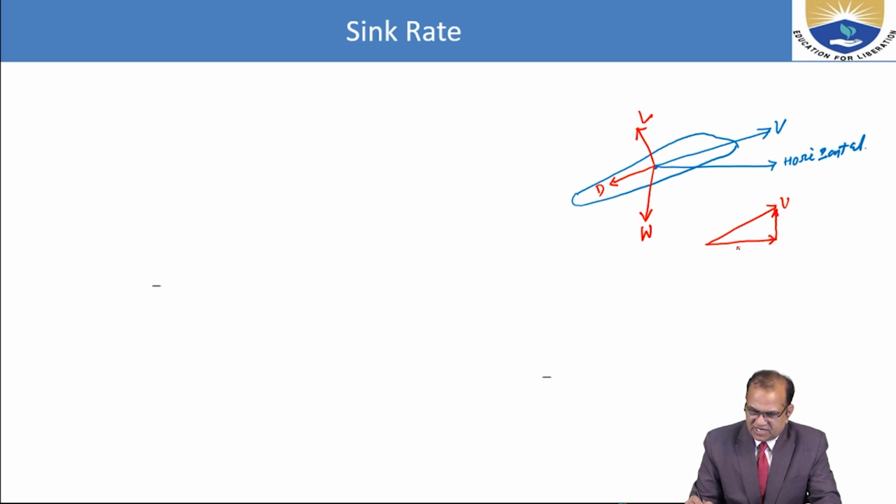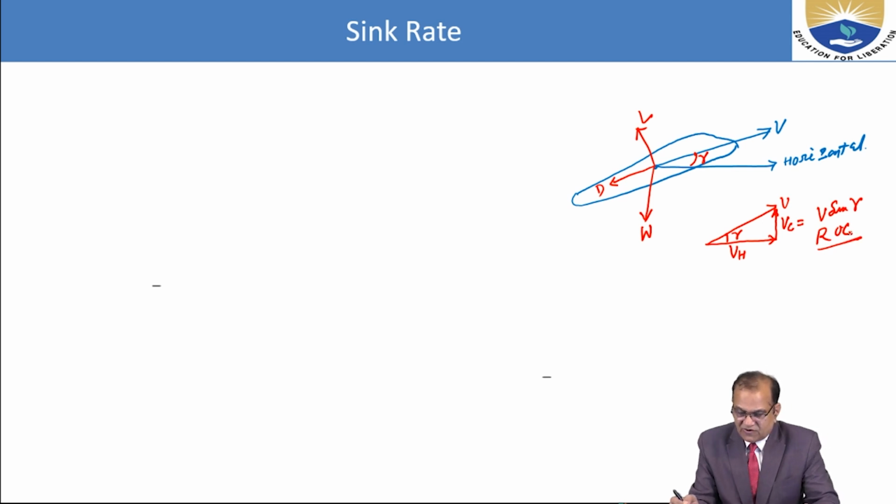This is called Vh, and this is called Vc. If this is the gamma angle, Vc is equal to V sine gamma, and this is called rate of climb. This we have already covered in our previous lectures. So as of now, we have seen with TA and PA.